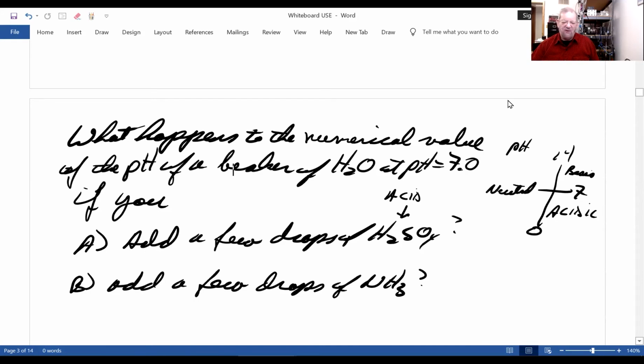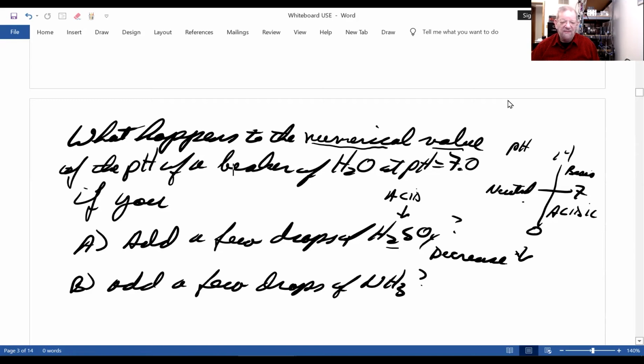Now, when you add more acid, it becomes acidic. I'm not asking that. I'm asking what happens to the numerical value. And when it becomes acidic, the numerical value will decrease, or it goes down, gets lower, whatever.